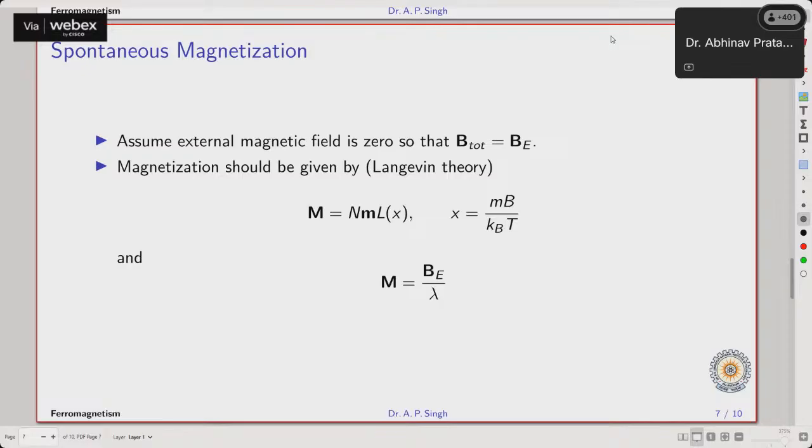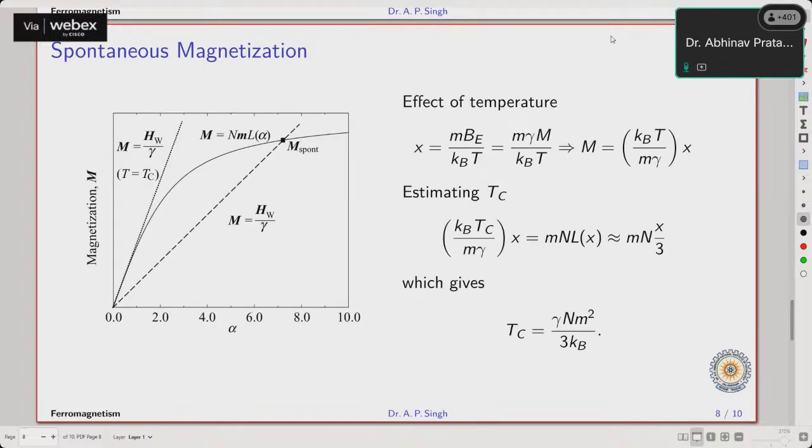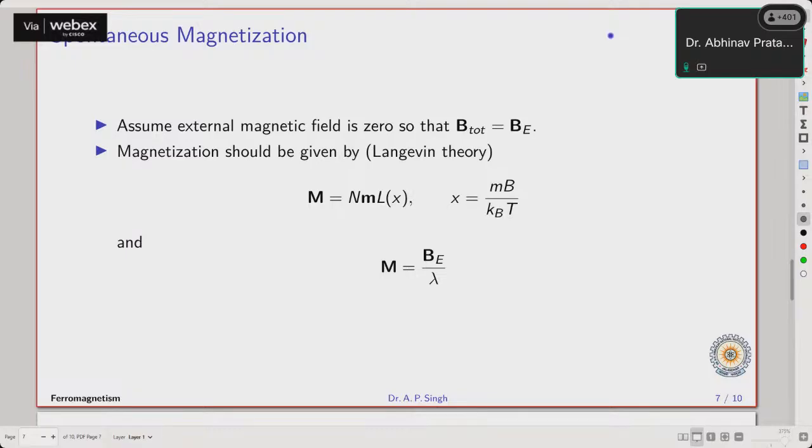All right. So you can get this value of spontaneous magnetization also here. What is spontaneous magnetization? You have a sample, and you have not applied any magnetic field, so this external magnetic field is zero. Even if you have not applied any magnetic field, still this material can have some magnetization, and that is exactly what happens in the case of a compass needle.